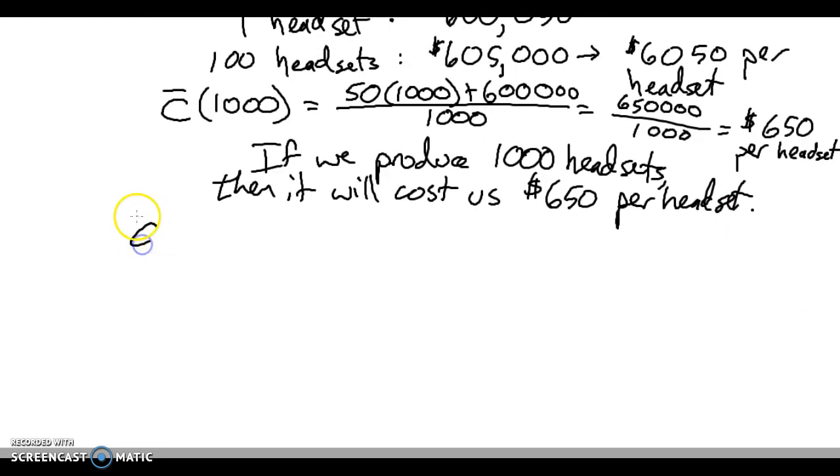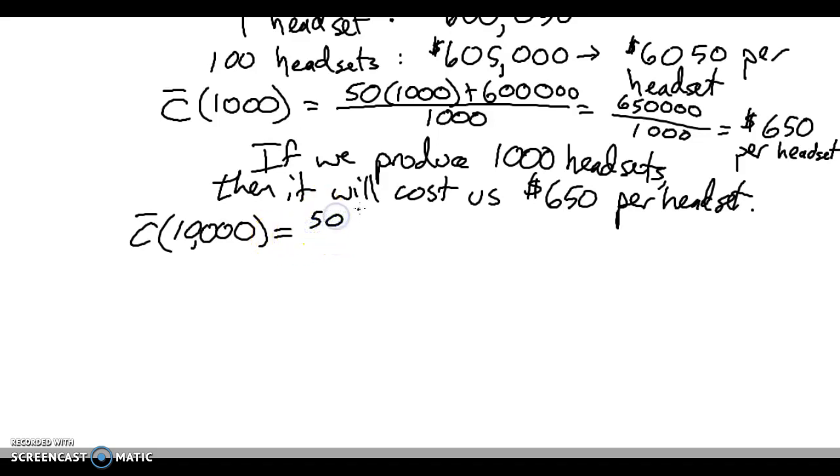What about if we do C bar of 10,000? Oh yes, this symbol here is called a bar, so this function we read as C bar.